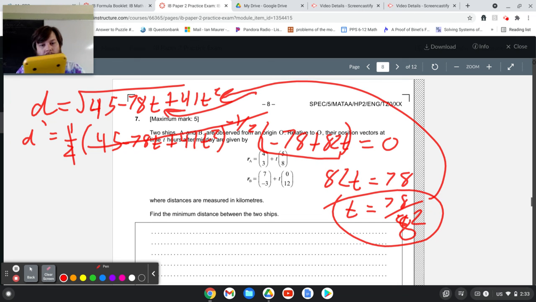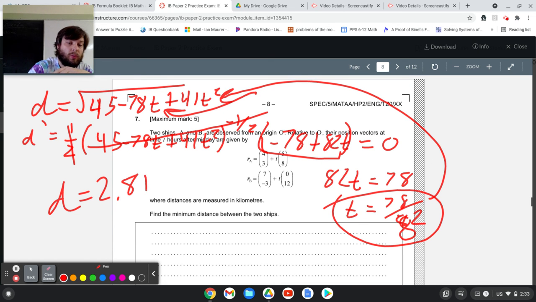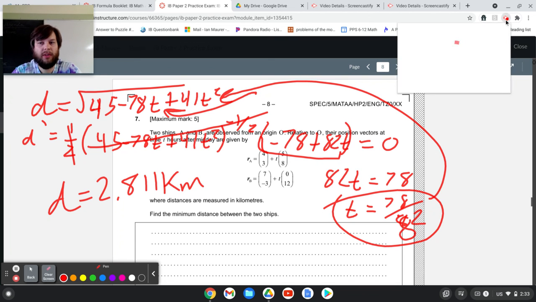So what do we get? The square root of 45 minus 78 times 78 over 82 plus 41 times 78 over 82 squared. We end up with a distance of 2.811 kilometers. There you go. Feel free to ask more questions if you need anything.